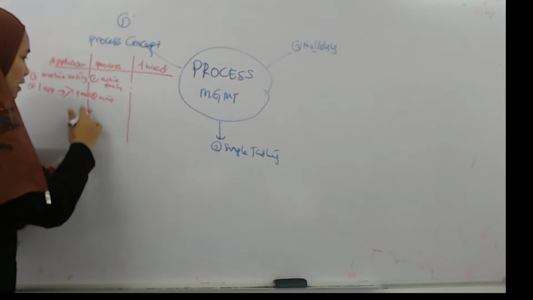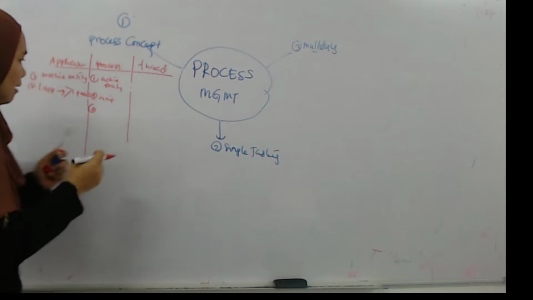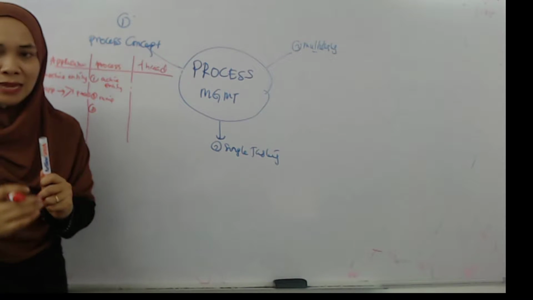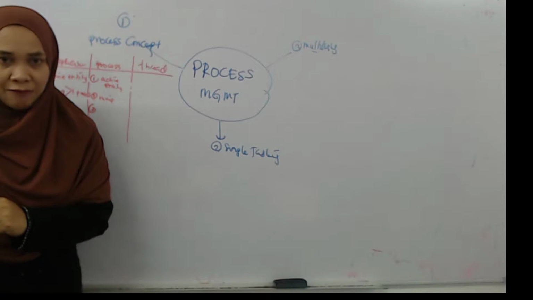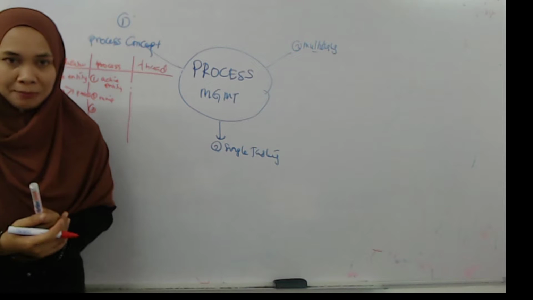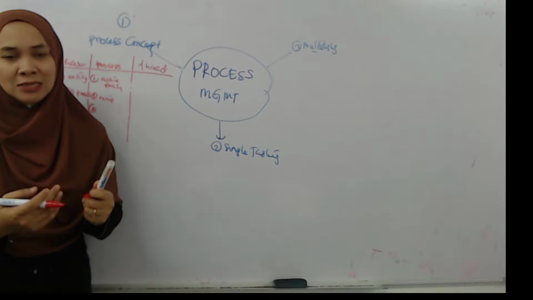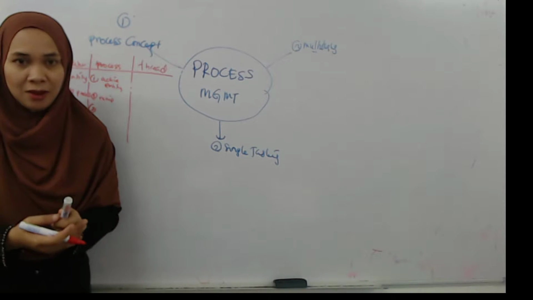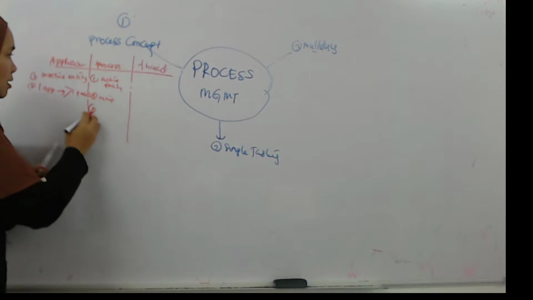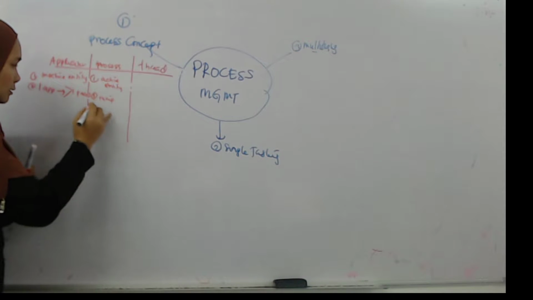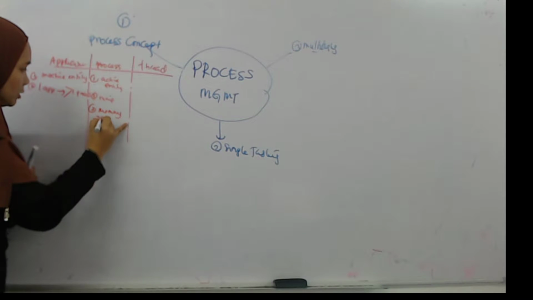Number 3, setiap proses required dia punya memory usage, and it is different bergantung kepada that particular process. Memory usage and memory resources required is different, it depends on that particular process.